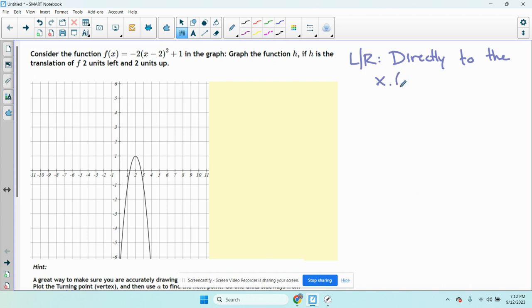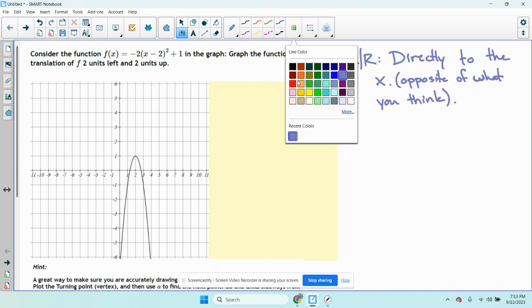And it's always going to be opposite of what you think. So if I were to add 2, you would think it would move me to the right 2, but it'll actually move me to the left 2, opposite of what you think it will do.